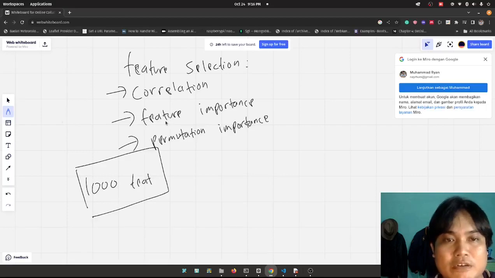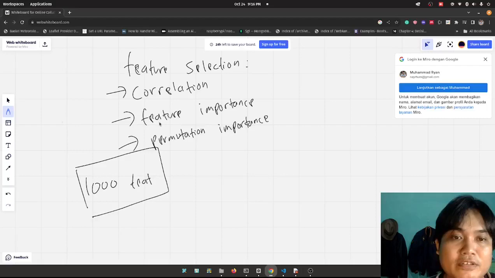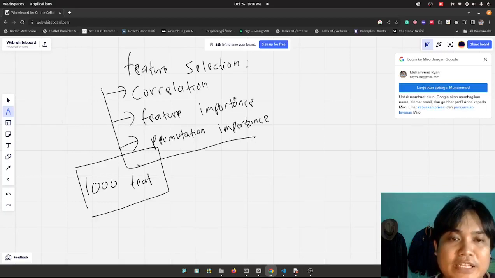Okay. Now, usually, when we talk about feature selection, we have three algorithms. People usually use these three: correlation, feature importance, and permutation importance. In my opinion, feature importance and permutation importance are similar.